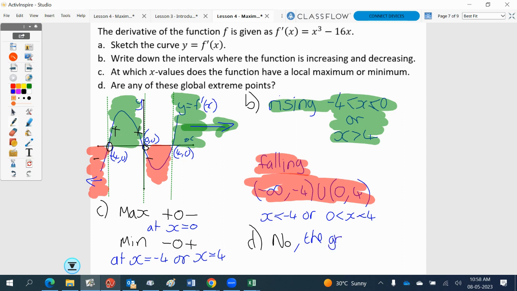The graph will keep rising toward infinity and falling toward negative infinity.